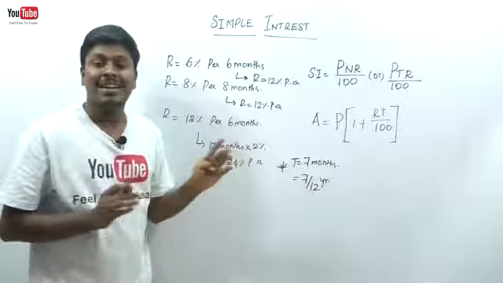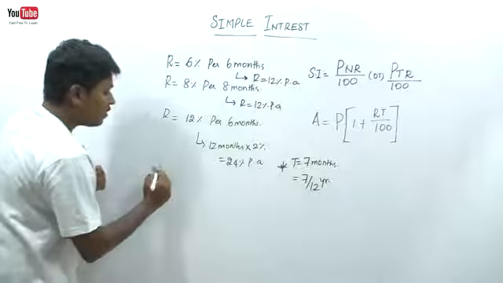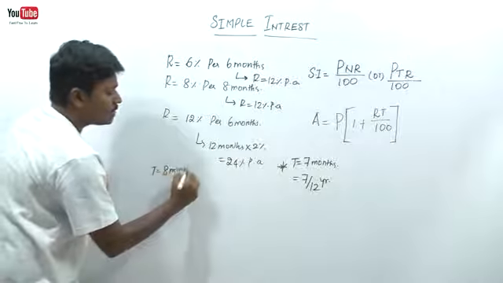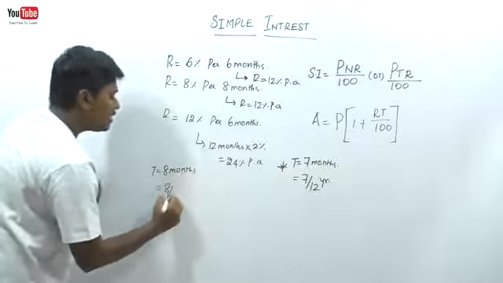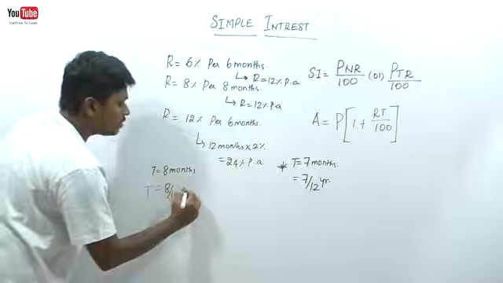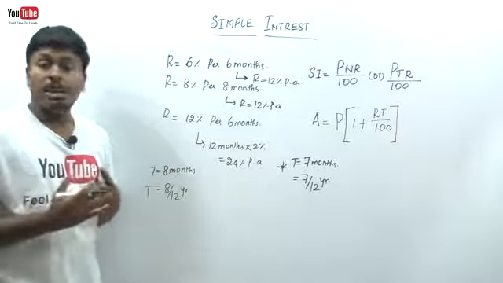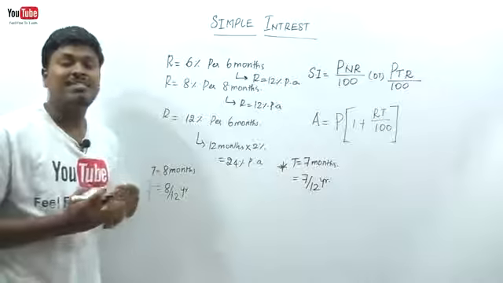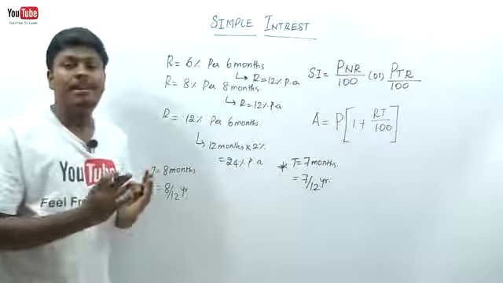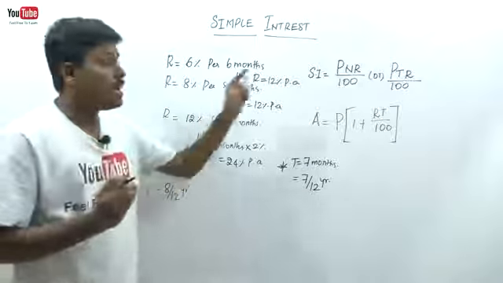Right? So 7 divided by 12. If the time duration is equal to 8 months, just substitute 8 divided by 12. Time duration is equal to 8 divided by 12 years. So friends, don't get confused by seeing a question which is asked differently. Just think properly and substitute the values in the formula.